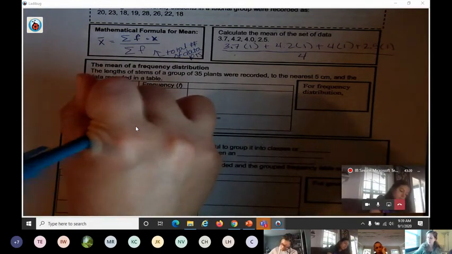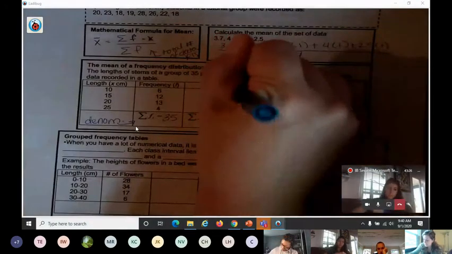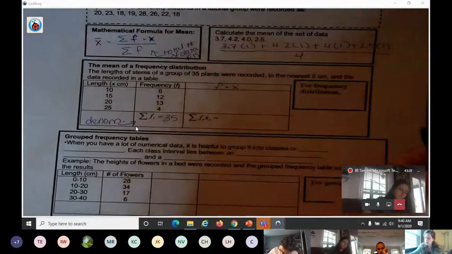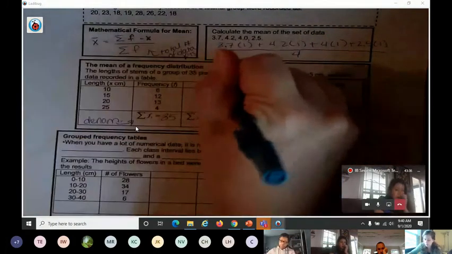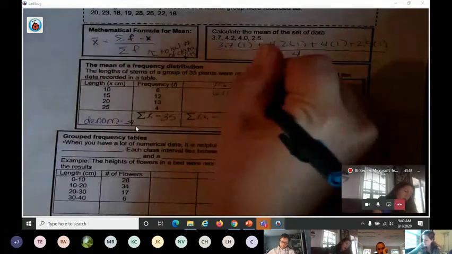So this is 35, and this is my denominator from my mean formula. Now for these, this is f times x. That's all it's asking you to do, and then add them all up. So I'm going to have 6 times 10, which is 60.